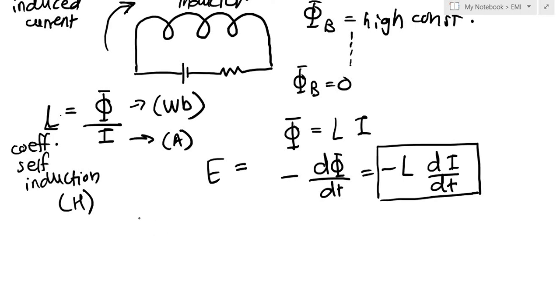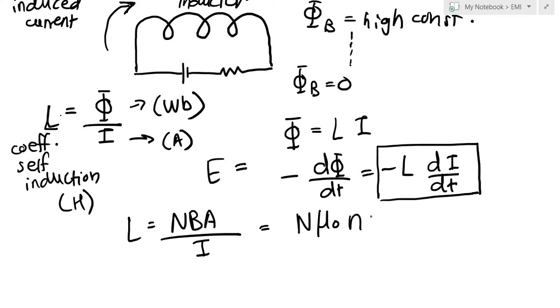But what does L actually depend on? Well, naturally, we can make a substitution for phi as NBA. We're ignoring the cosine now, over I. Now the magnetic field of this solenoid, because the inductor or the coil is a solenoid. If you remember, your magnetism is mu naught n i, and then there's this A over I. This I was already there in the denominator.